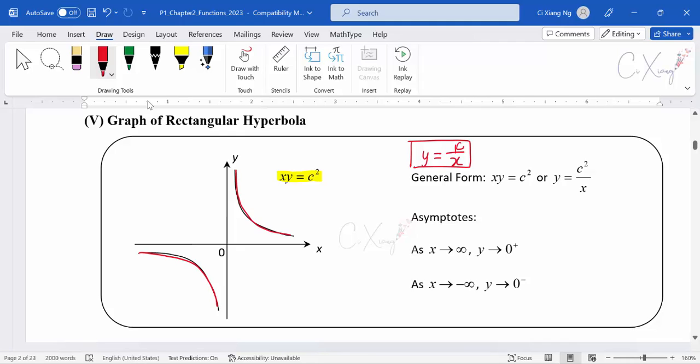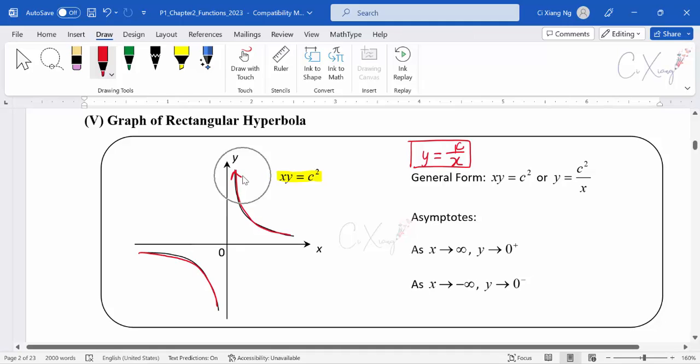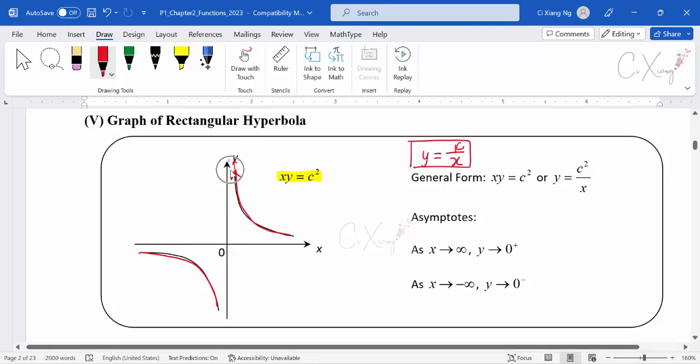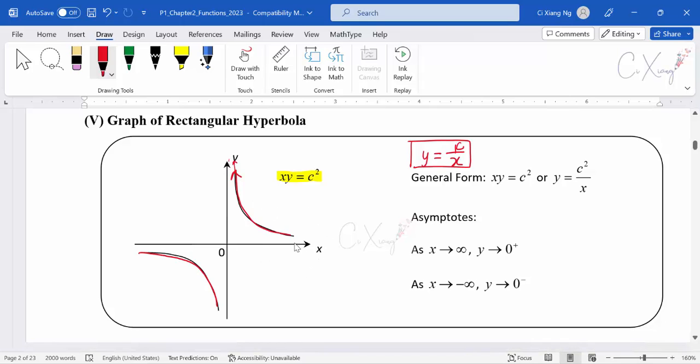For these two pieces, the graph for this part, like what I show here, will go up and get closer and closer to the y-axis, but it will not touch the y-axis eventually. The same thing happens for the x-axis here. At this end, the graph gets closer and closer to the x-axis, but it will not touch the x-axis in the end.